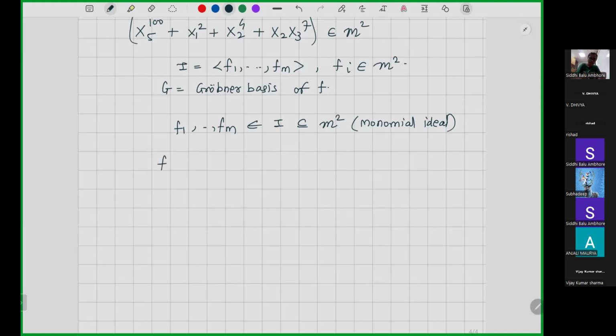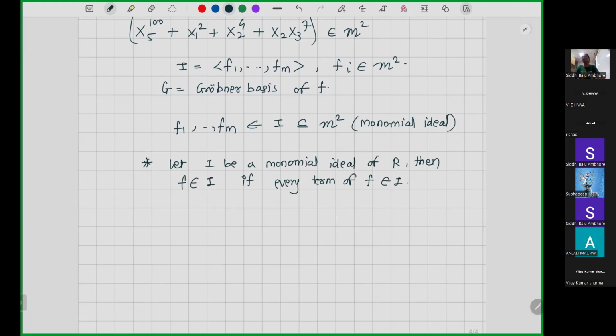So we have this result: let I be a monomial ideal of R, then F belongs to I if and only if every term of F belongs to I. This is true only for monomial ideals.